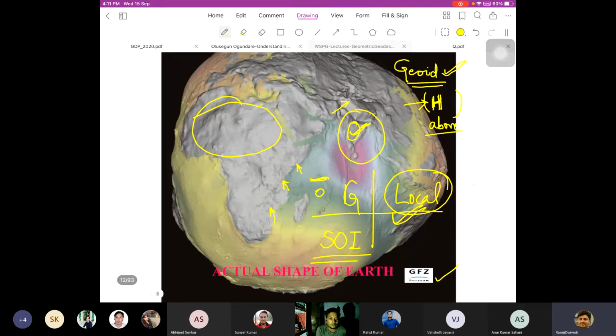This is the actual smooth surface. Okay, it is not a category. It doesn't fall under the category of spheroid because spheroid is a very defined category. So, sir, it can be called irregular shape. Yes, it could be called as irregular shape.